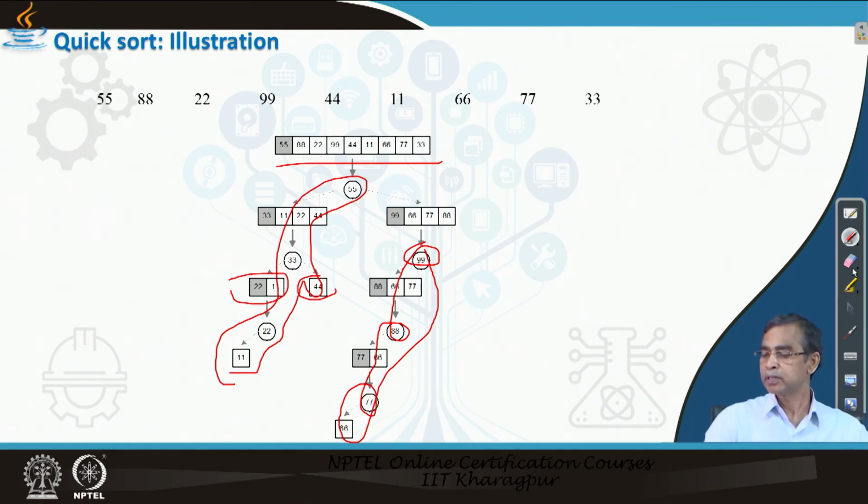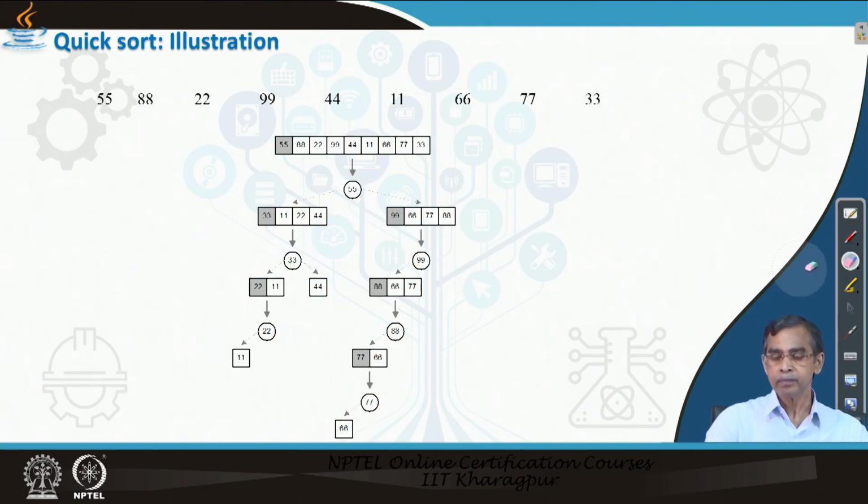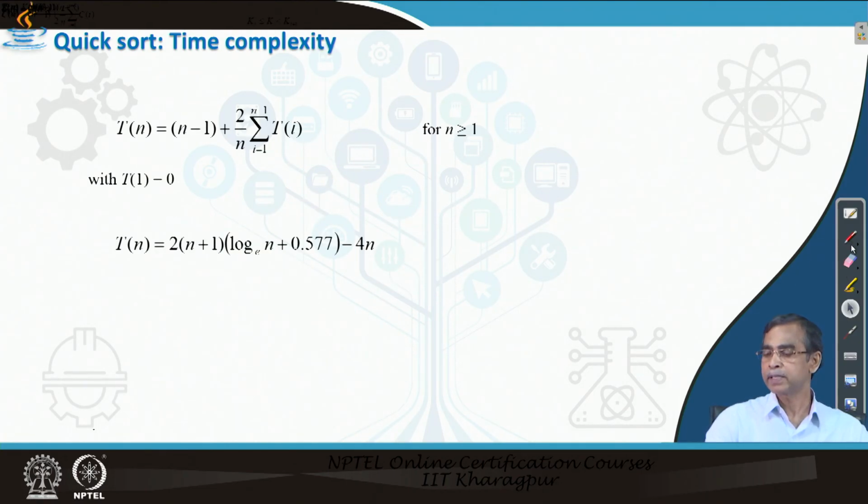So this is the procedure that you can think about for our quicksort algorithm, and so far as the time complexity is concerned, it is very similar to merge sort.